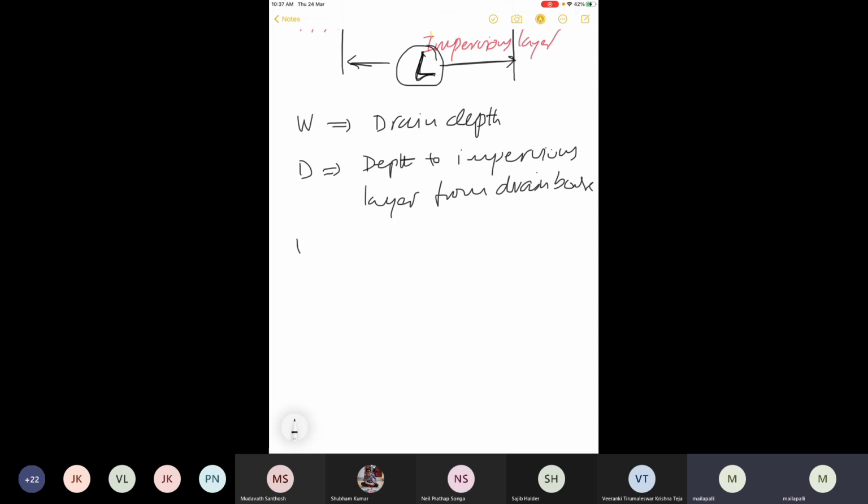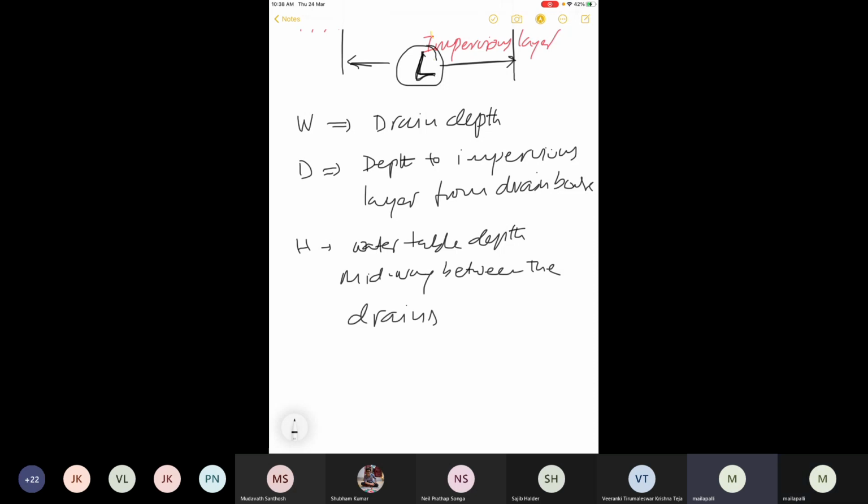Okay, capital H is the water table depth midway between the drains, and small h, which is also capital W minus H, is the water table height. Okay. All right.